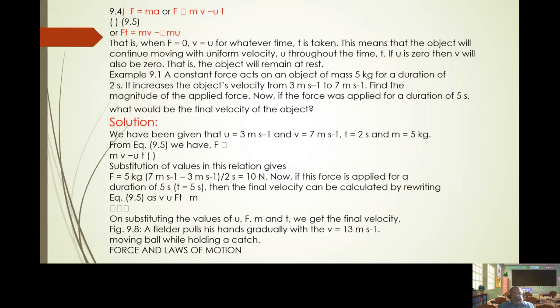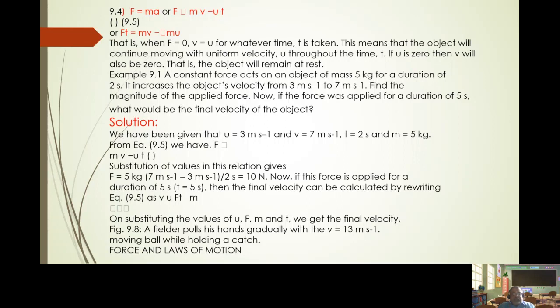From the equation F = m(v - u)/t, substitute the values. F = 5 kg times (7 meters per second minus 3 meters per second) divided by 2 seconds, which is equal to 10 Newton.